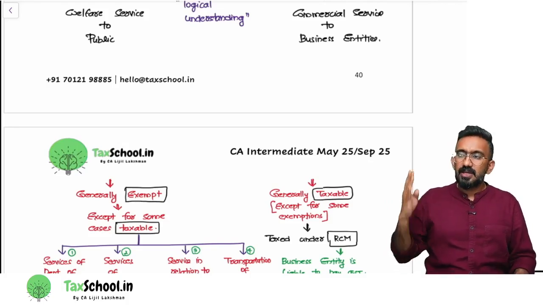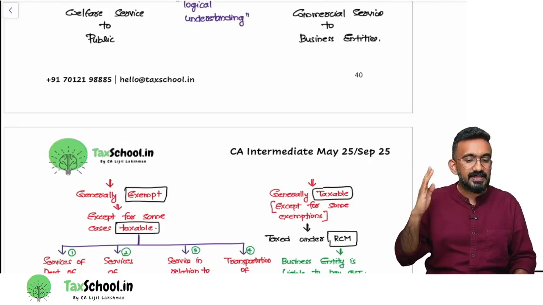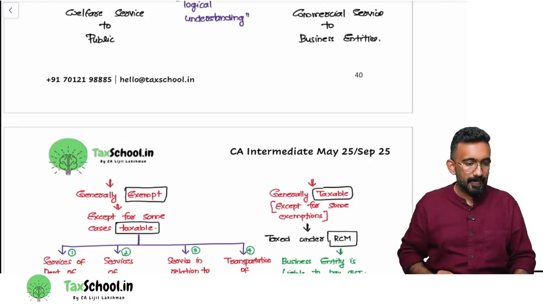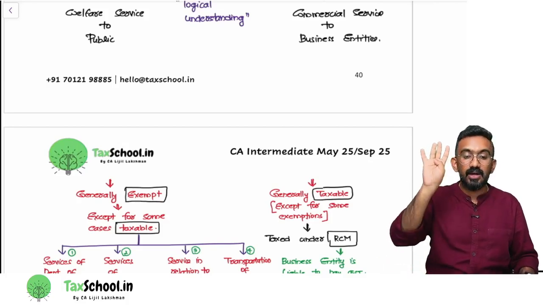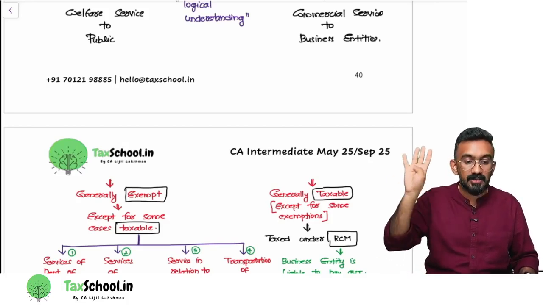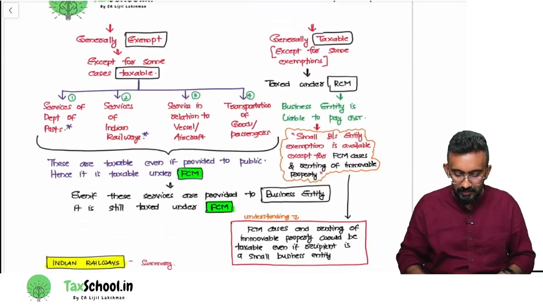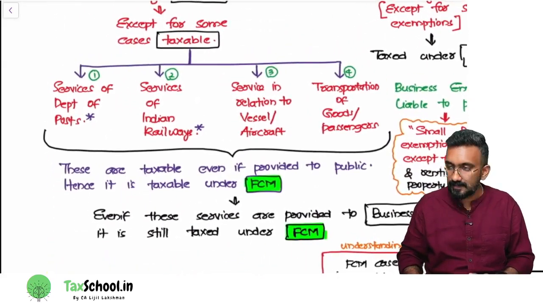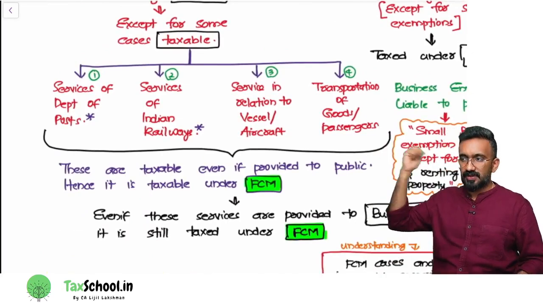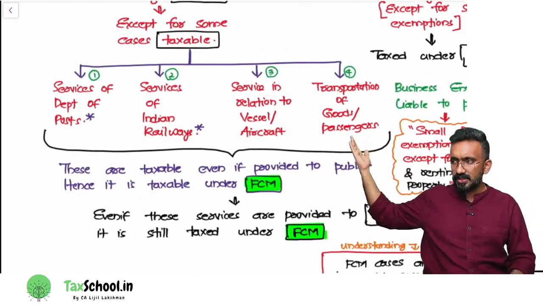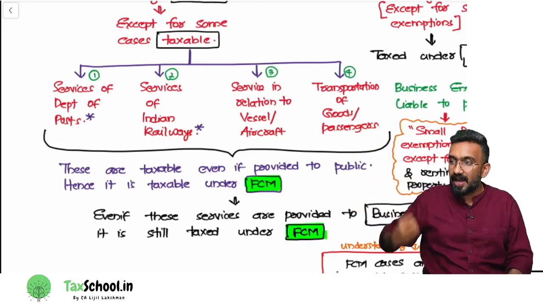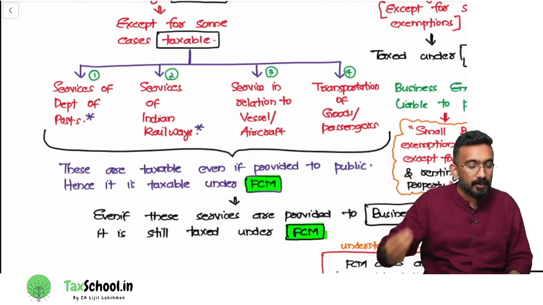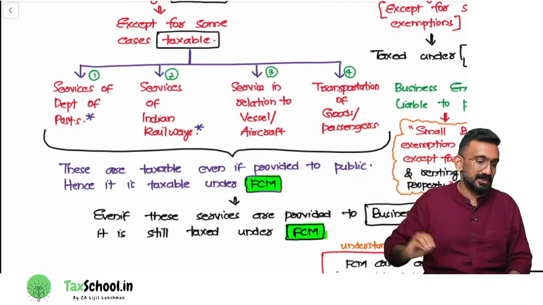When government is providing services to the public, normally there should not be any GST. However, in 4 cases there is GST on services provided by government itself. These are given here. You can see these 4 services, even though provided by government to the public, are taxable.